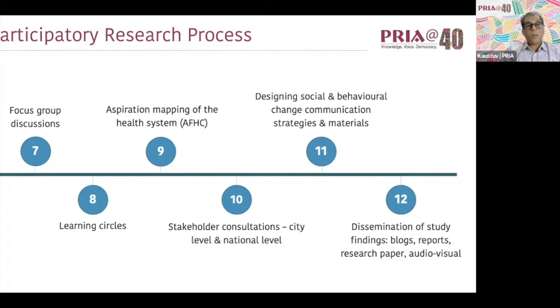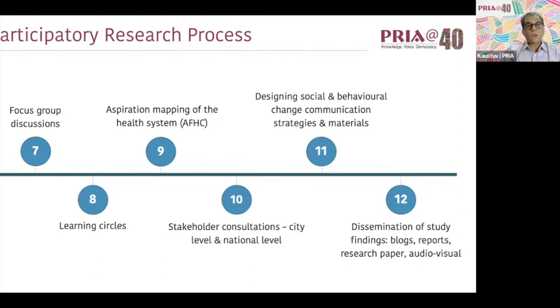Once all these methods helped us collect substantive qualitative and quantitative data, we organized a number of learning circles. There were two purposes for organizing these learning circles.